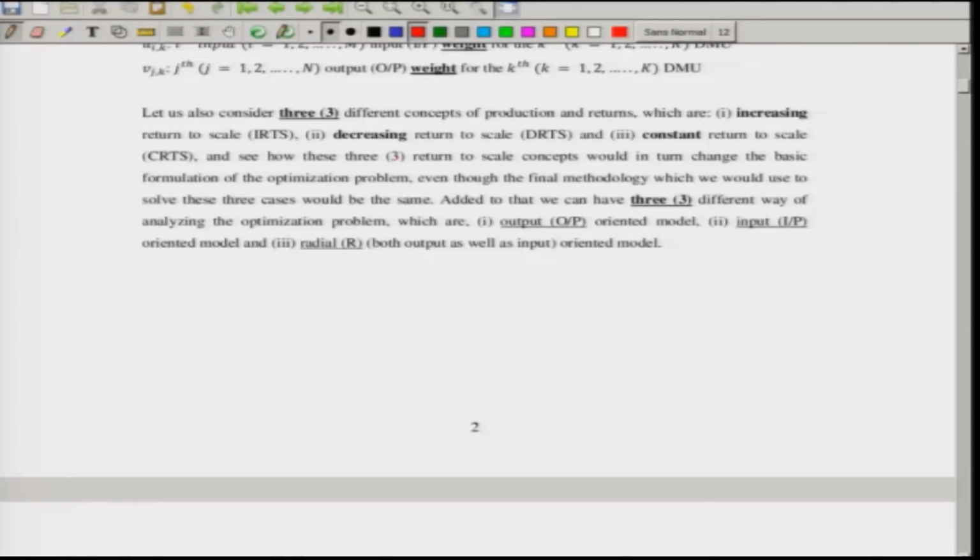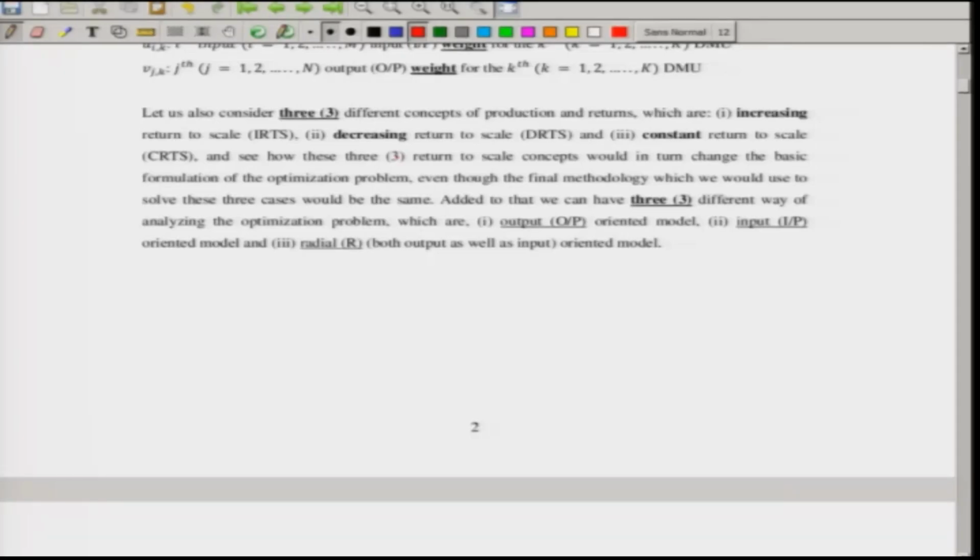Now, let us consider three different concepts of production and returns to scale. That will give us the picture of why we are trying to do the formalization of the optimization problems accordingly. We will come to the solution later on. The three concepts are, number 1, increasing returns to scale, IRTS, decreasing returns to scale, DRTS, and constant returns to scale, CRTS.